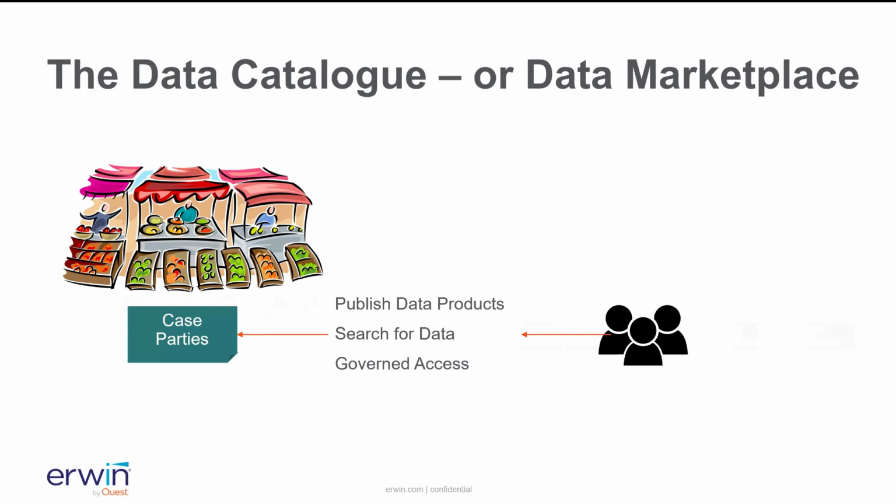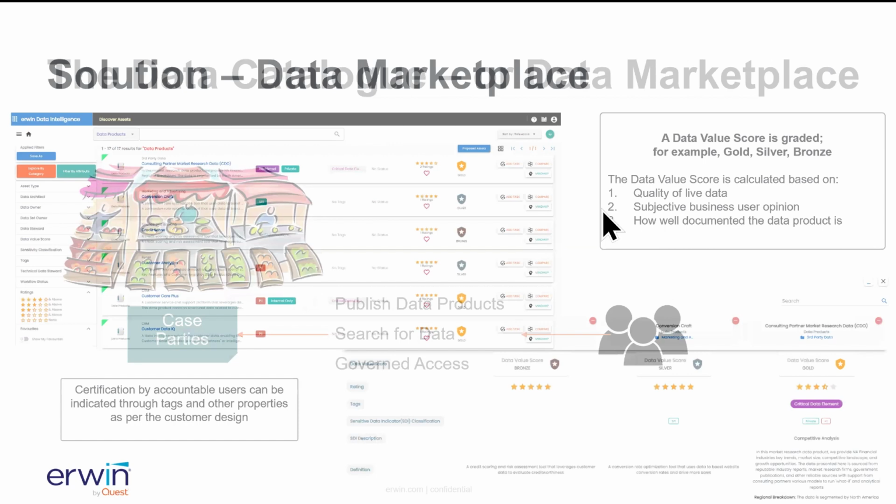Then through that marketplace, they can bid for access to that data set, providing a degree of governance over whether they are allowed to see that data or not, or whether certain columns in that data set may need to be hidden for data protection purposes. I know the Erwin product set has a marketplace there. So Richard, if you'd like to add any comments to that.